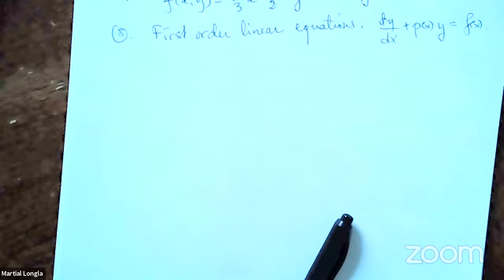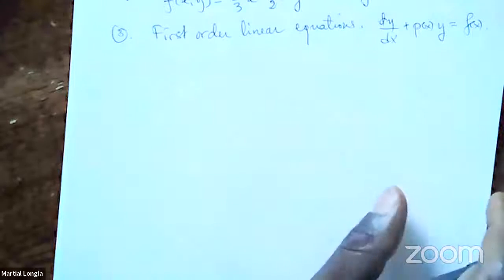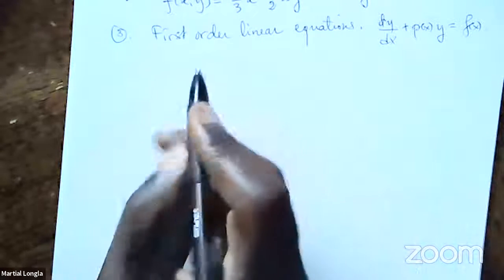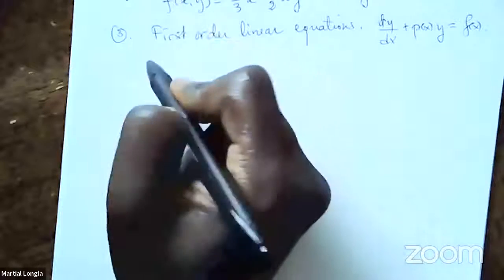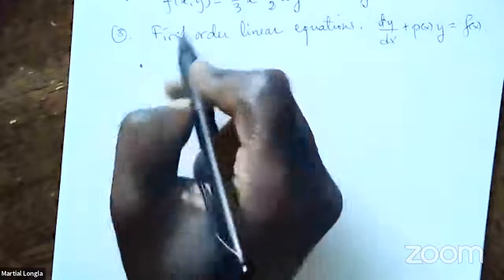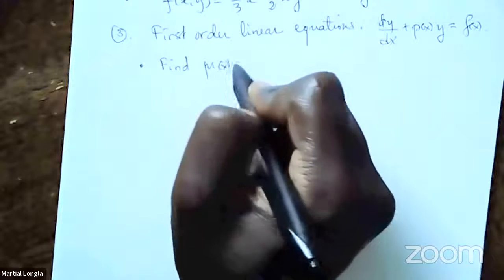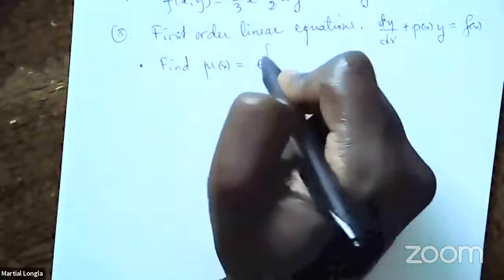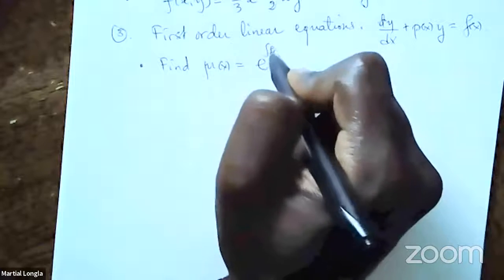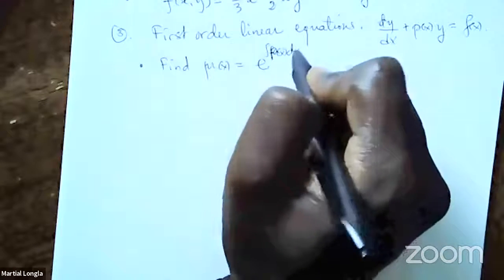The steps in solving this problem are: the first one is to find the integrating factor. Find mu of x equals e to the integral of p of x dx.